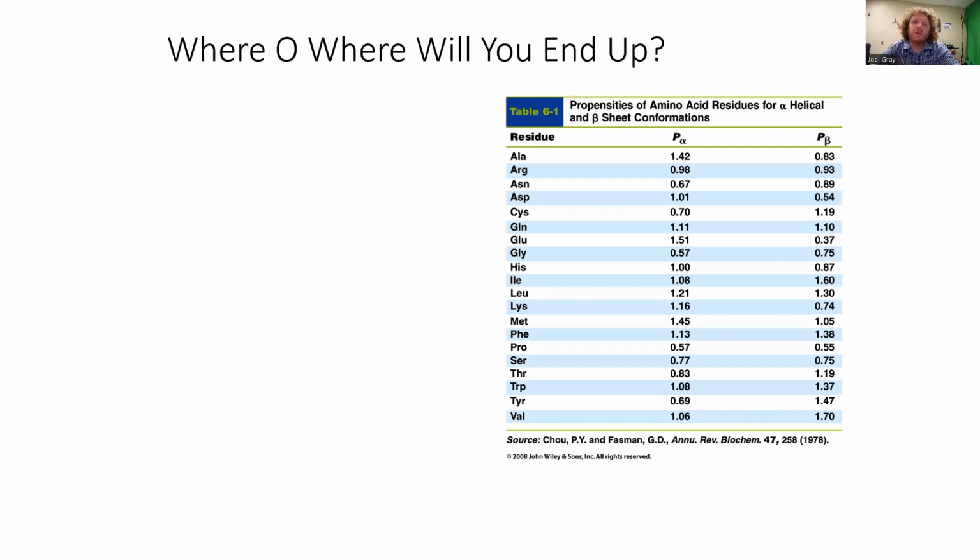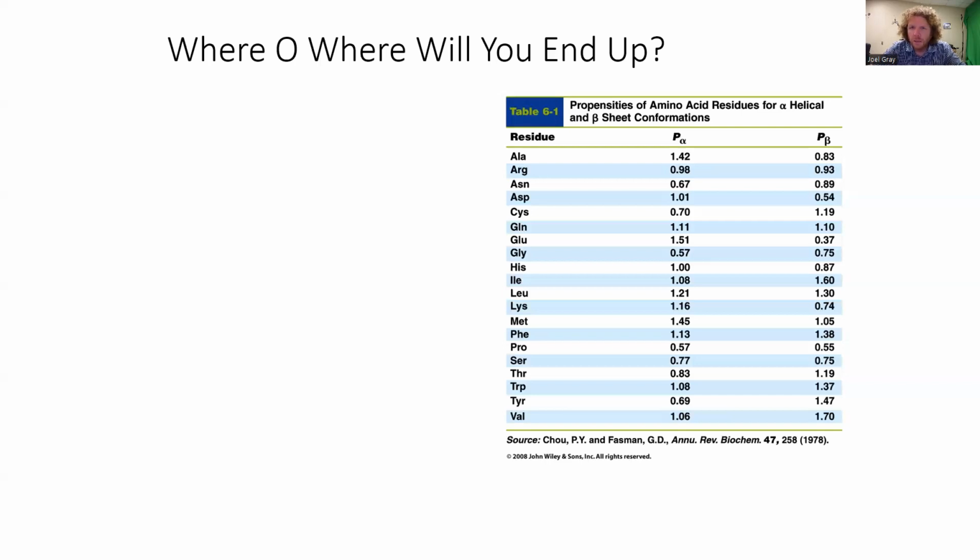What's significant is that this was data collected from protein structures of the day, and each amino acid was looked at: is it found in an alpha helix, is it found in a beta sheet? Based on its frequency and presence in those different structures, it was given a score.